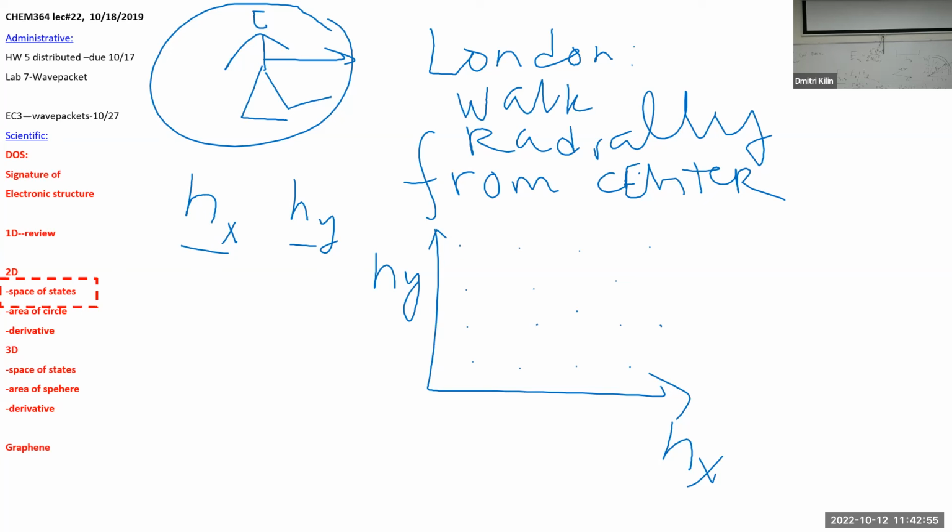Because it's only a quarter of a circle, one quadrant. Right, we're not considering negative quantum numbers, they only increase. So the area in this quadrant corresponds to the number of states. And at the same time, it is the energy.